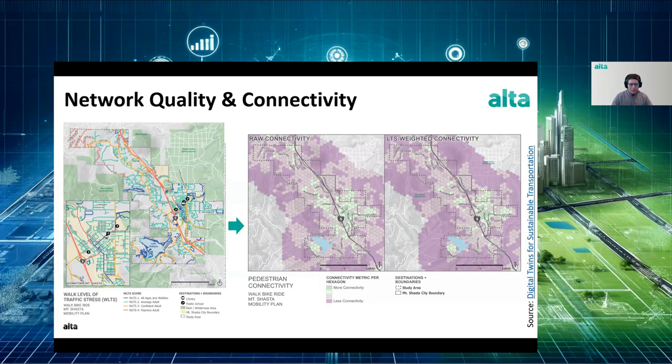And this is an example in one community in Mount Shasta where we developed in a small town based off of these inventories an understanding of where segment level network quality was influencing the pedestrian experience, and use that to show what raw pedestrian connectivity looks like if you assume access via all facilities that pedestrians can walk on, versus an LTS weighted connectivity analysis where we looked at adjusting those walk sheds based off of our understanding of the network quality.